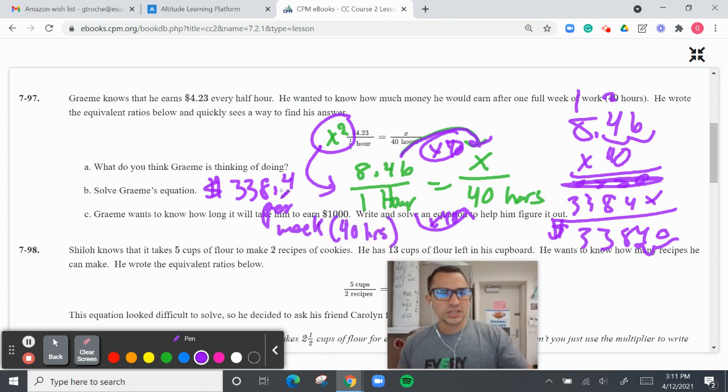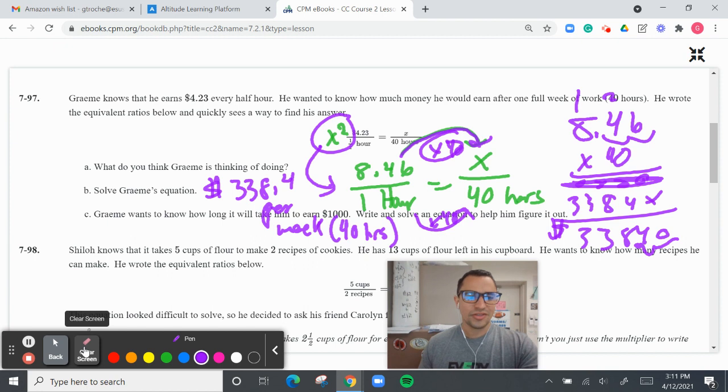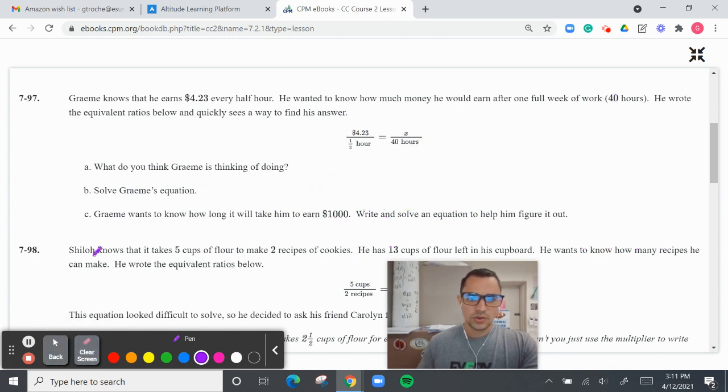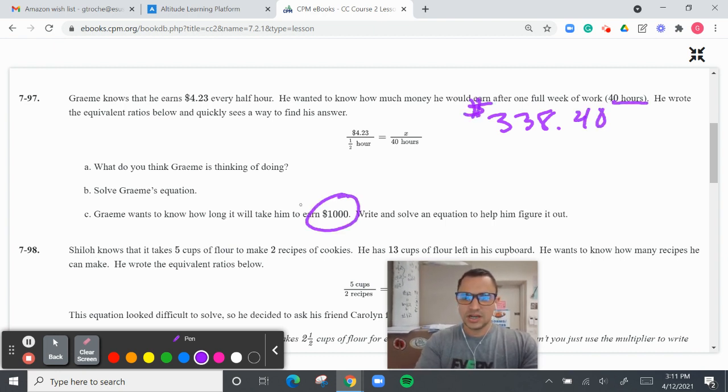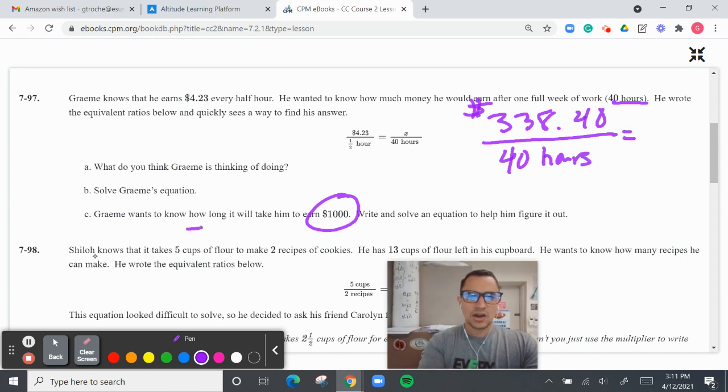All right. Graham wants to know how long it will take him to make $1,000. Write and solve an equation to help him figure this out. Okay, so $1,000. So we know that it was $338.40 for 1 week, but now we want to earn $1,000. So here's my fraction. Here I have to do this in 40 hours. And we want to know how long it will take.